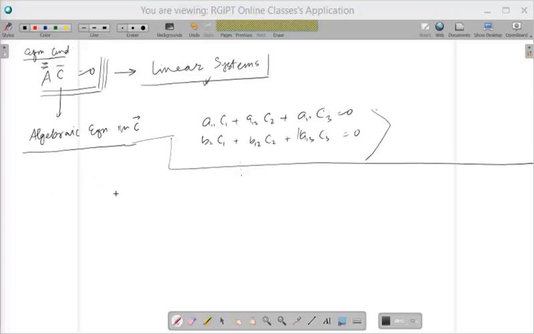Let me say my reaction network looks like, for example, 2A plus B giving you C, and A plus D giving you C, and let's say I have CA0, CB0, etc. given.